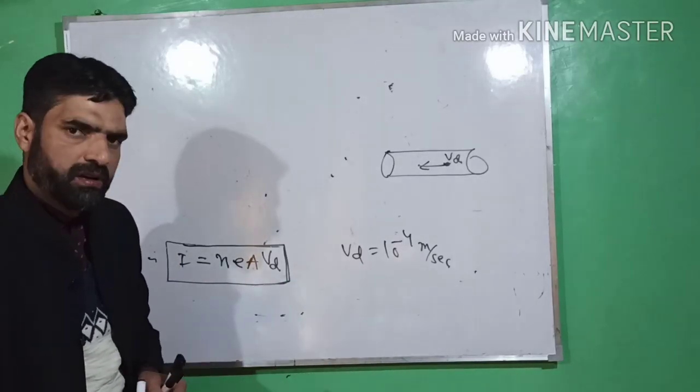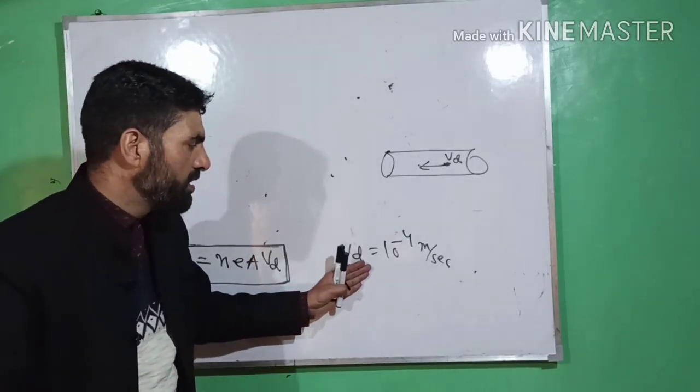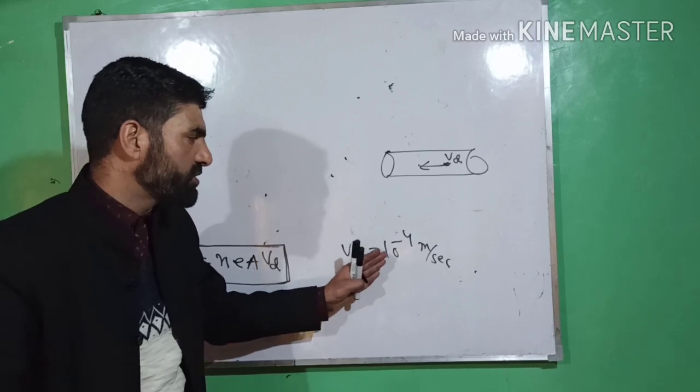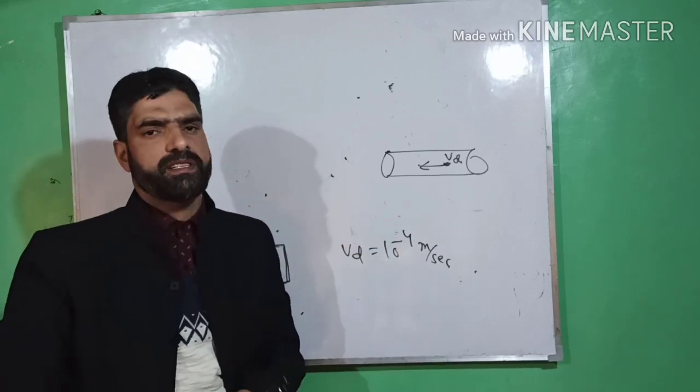How is it possible when the drift speed of electron is only 10 raised to the power minus 4 meter per second?